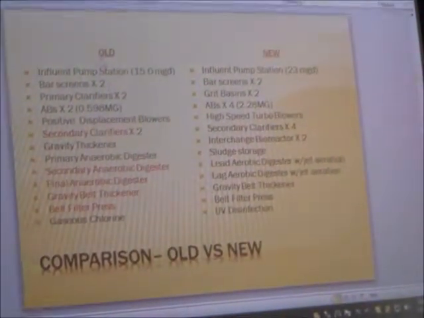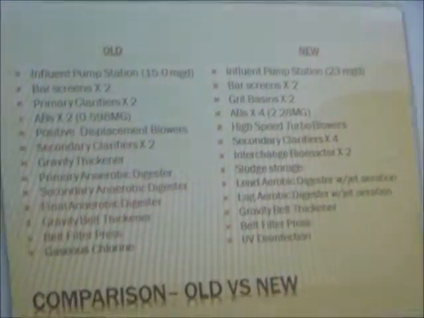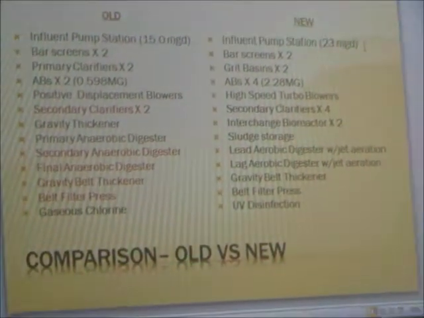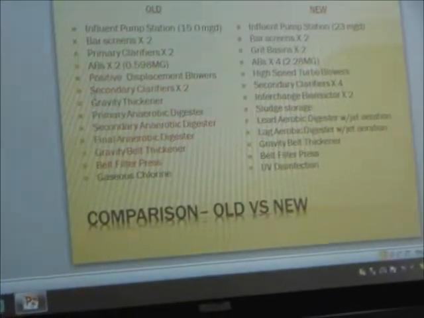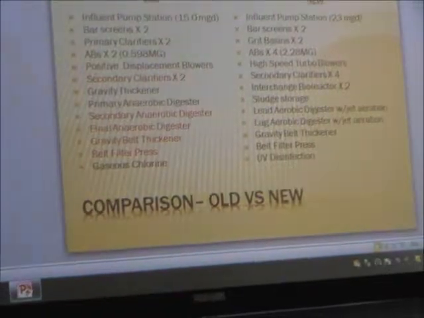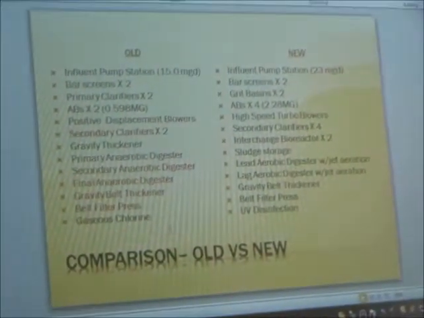Units that we had in the old plant versus what we have now, it's generally a much bigger facility. The text in the red is the old process unit processes that we still use.